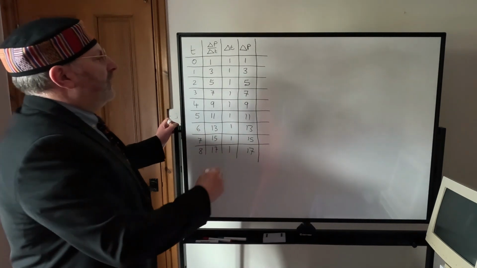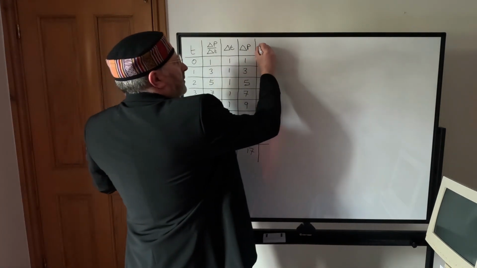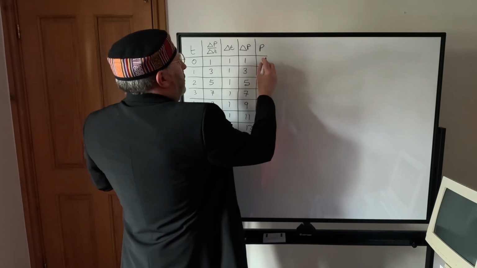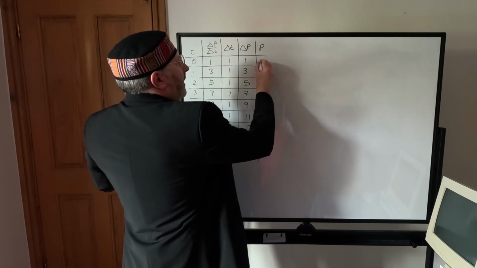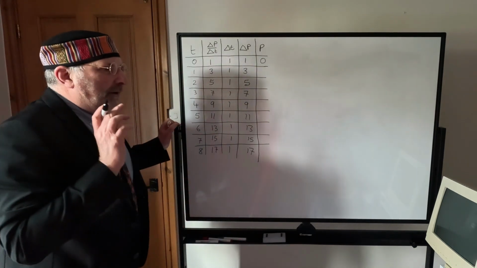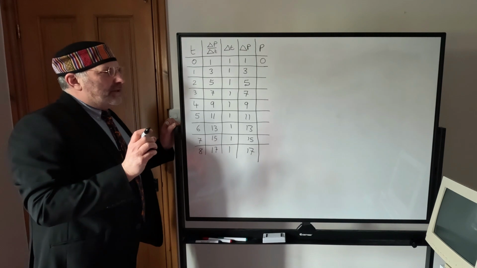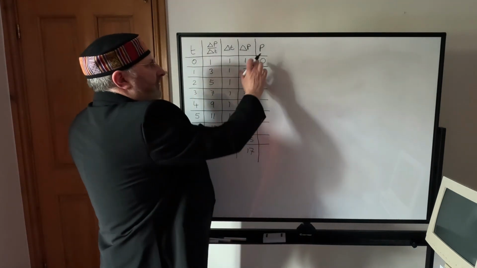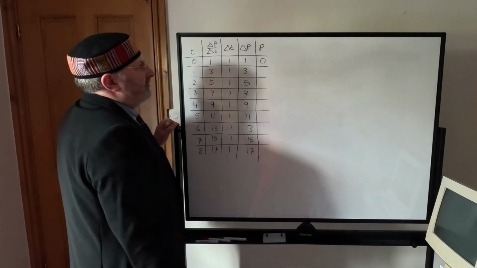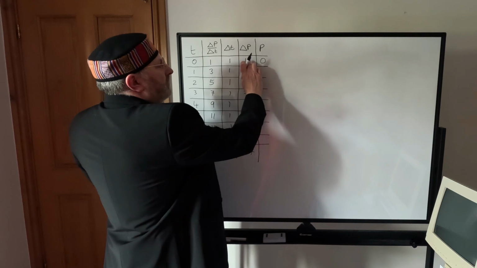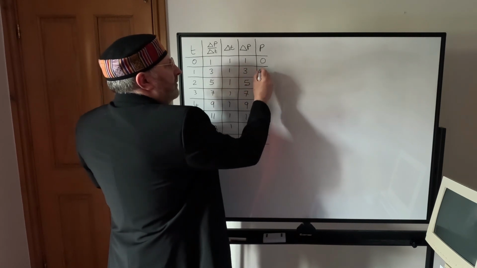But what we want to find out is the actual population. Well, let's assume we start at 0. And now notice I have made an assumption there, and we'll come back to that. But we'll assume we start with Adam and Eve, so just 0 to the nearest million. Then the change in population in the first millennium was 1.